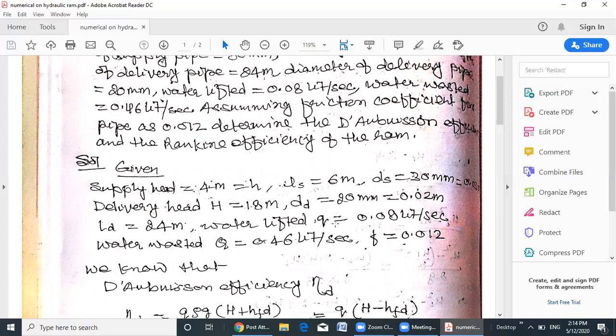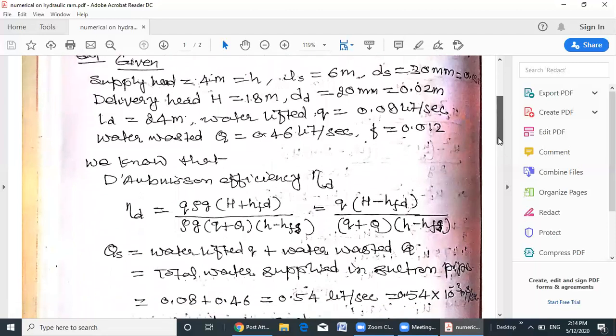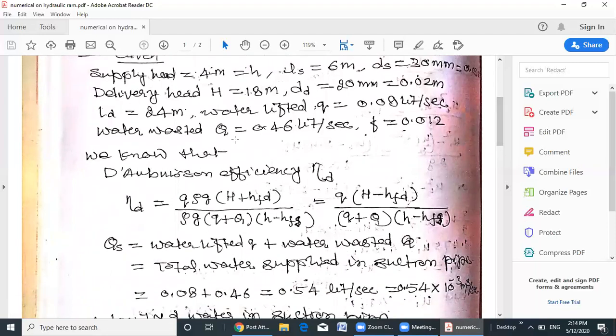Water lifted is denoted by small q, that is 0.08 liter per second. Water wastage, capital Q is equal to 0.46 liter per second, and f is equal to 0.012. Here we have to calculate D'Aubuisson efficiency as well as Rankine efficiency.